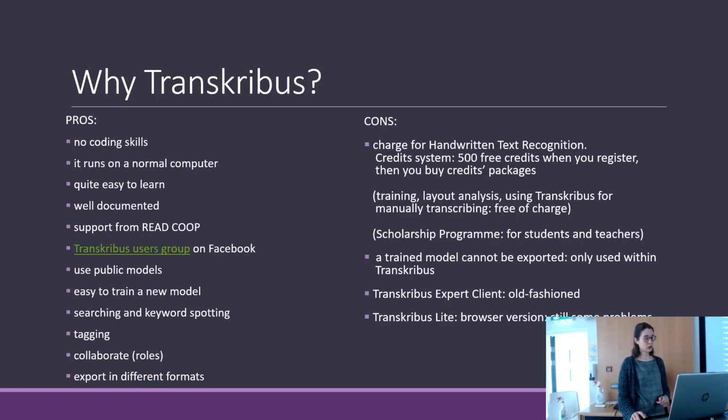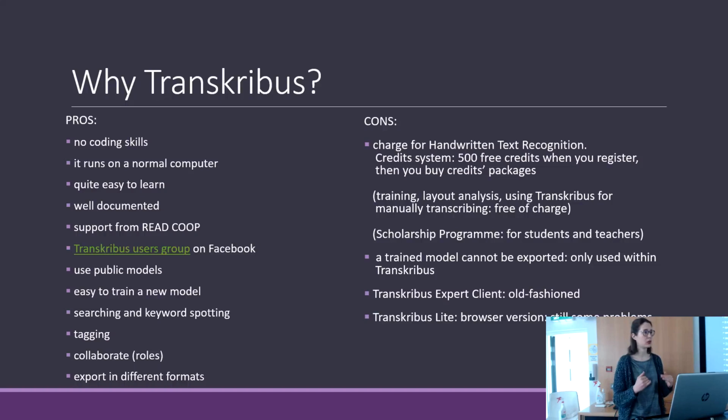It is easy to train a new model. You don't need coding skills, or you don't need to know how artificial intelligence works. You have this option to search, tag, and collaborate with different roles. So I can assign different roles to the collaborators. Someone can be editor, others can be transcribers or just readers.